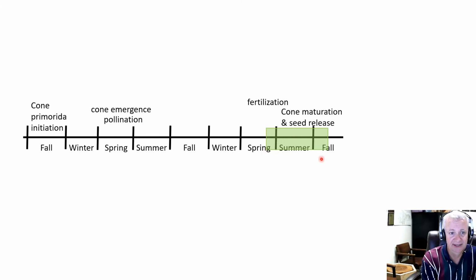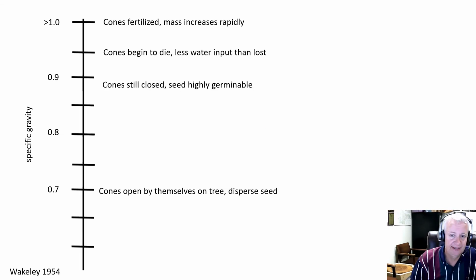So it's really at this stage, sometime in that second summer or fall, when pine cones mature and could be removed from the tree and have seed extracted for planting in a nursery to create seedlings, for instance. And this work was published by Wakely back in the 50s. So this knowledge has been around a while.